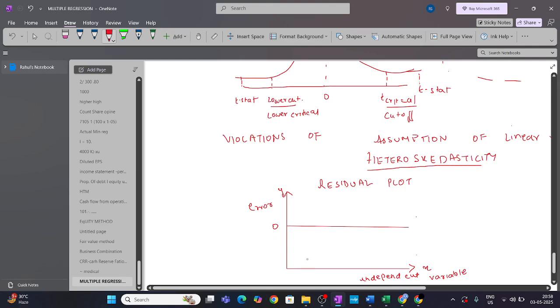Okay. Now, if we plot the residuals against the independent variable, the residual plot should look something like this.